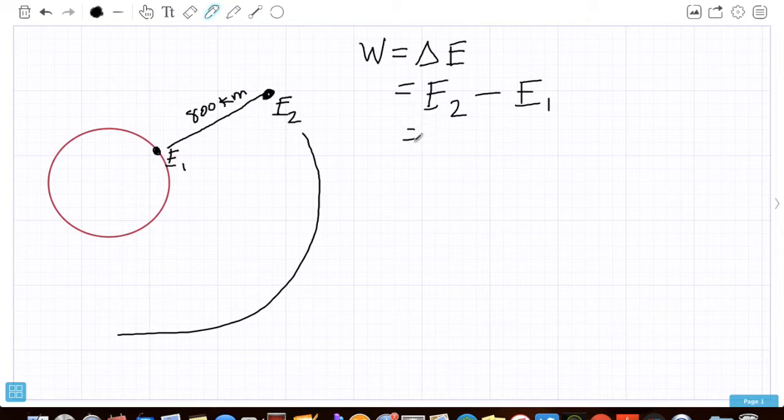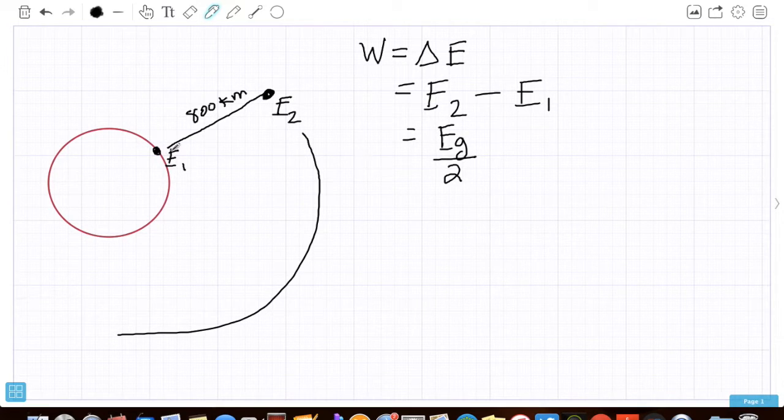Energy 2 has both the kinetic and gravitational potential energy. So it consists of both of those types of energy. And if we recall the shortcut for determining the total energy at this point, if something has kinetic and potential energy and is in orbit around something, we can use the shortcut Eg divided by 2.